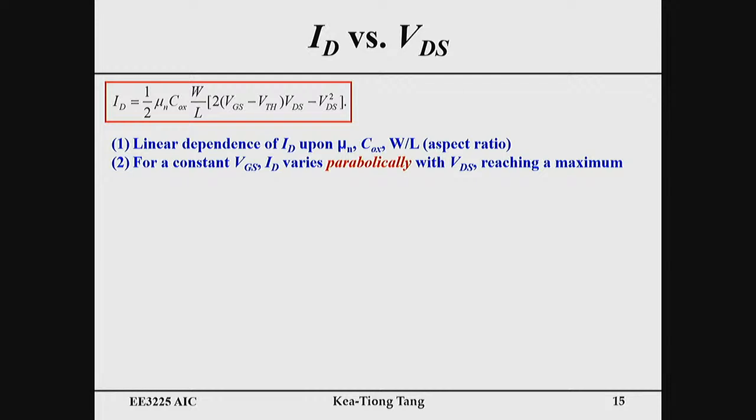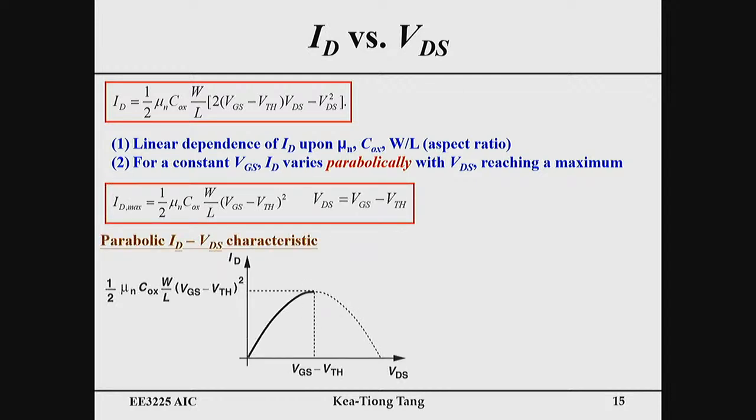And if you look at this formula, you'll see for constant VGS, if we fix VGS and we swing VDS, IDS will vary parabolically with VDS. Okay? So basically, if we fix VGS, as we increase VDS, ID is going to increase.